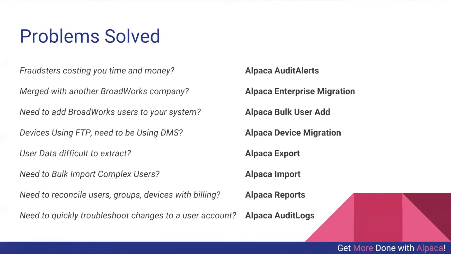And certainly you can point and click your way through the standard BroadWorks web interface or your user web self-care portal to look at what those settings are and sort of check each one of them visually. Alternatively, you could type in that user's username in Alpaca and bring up the history of the changes made by that user or on that user, really from whenever you started using Alpaca.